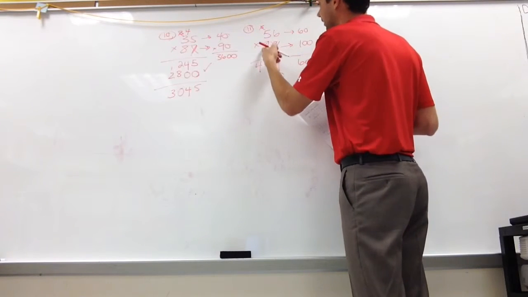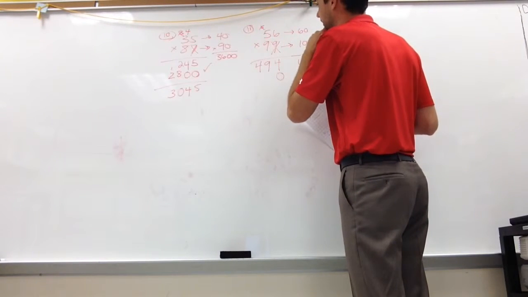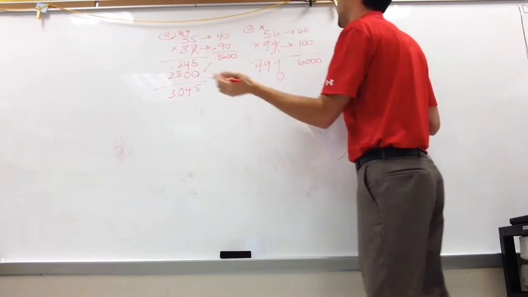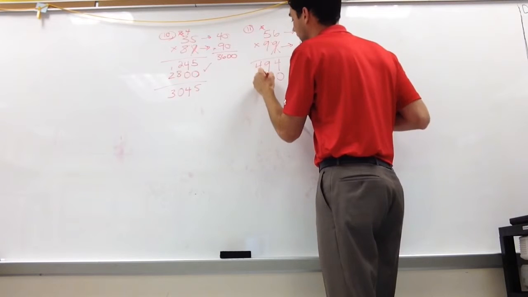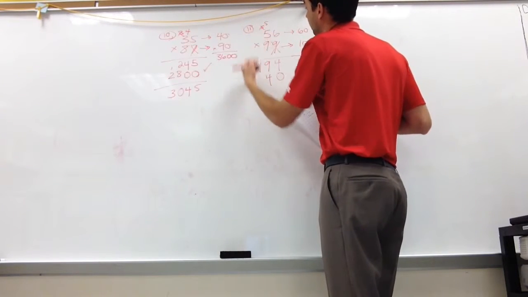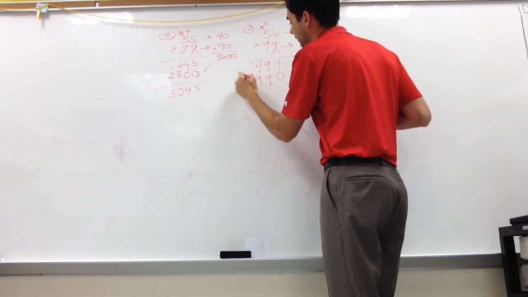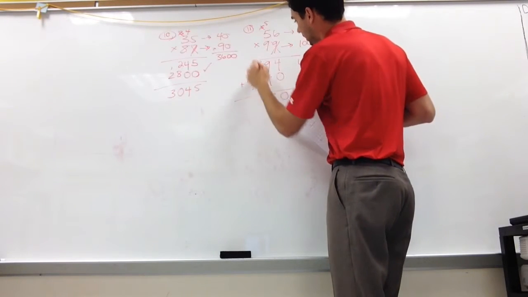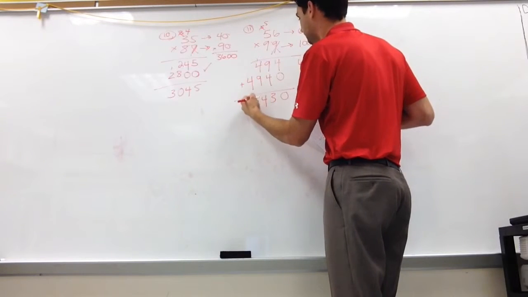Put the 0, because that 9 is not really a 9, it's 90. 9 times 6 is 54, carry the 5, 9 times 5 is 45, add the 5, 49.